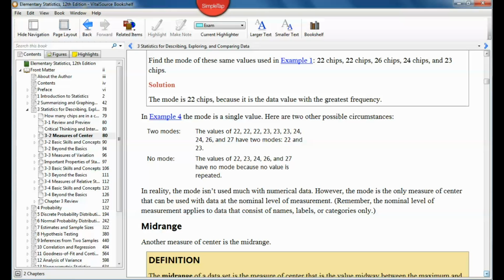Say I had a list of, are you Democrat, Republican, or Independent? Then I could find the mode of that set of data, and you see it would be kind of useful. Like, there are 15 independents in here, and that 15 could be the mode. So it could be useful in data that could be measured only at the nominal level of measurement.